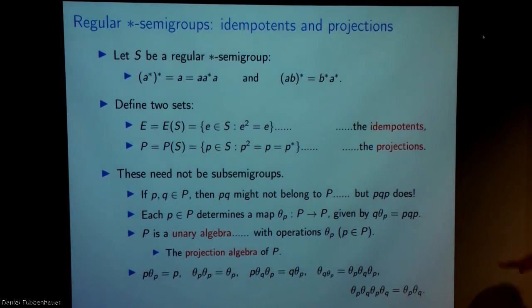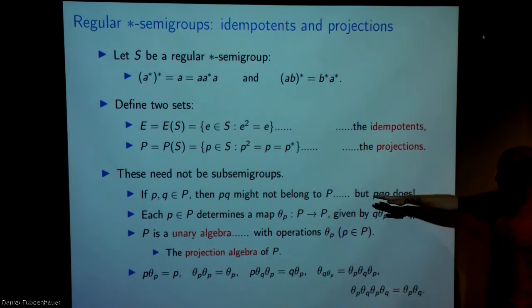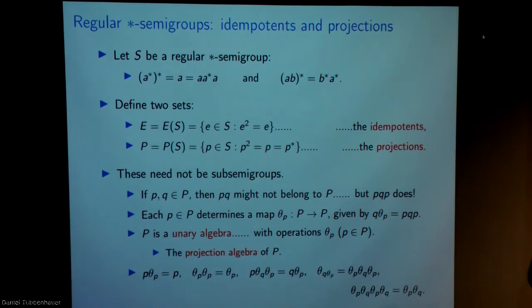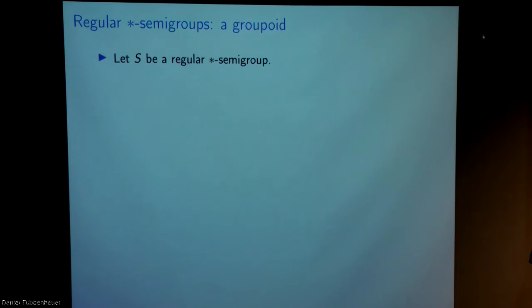It turns out that these give a complete axiomatization of the unary algebras that you will get from regular star semigroups. If you have any set with a bunch of unary operations satisfying these laws, there'll be some regular star semigroup that has exactly those projections, behaving just like these do.